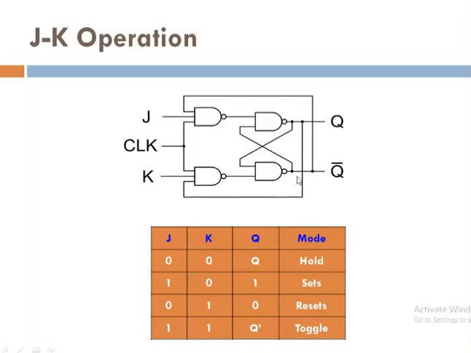So due to these feedback connections, whatever problem occurred in the SR flip flop, we are trying to resolve it. Now, if you observe here, when the inputs are 0 0, the output Q n plus 1 is considered as Q. So it holds the previous state.